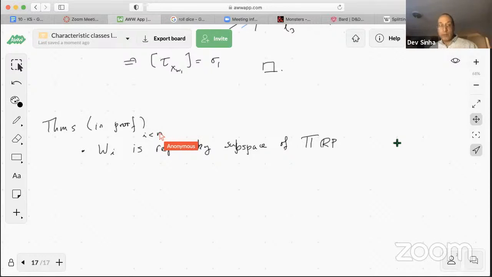The Euler class is always going to be special, but W_i is represented by that subspace of RP. Let me just call it K for the right K, so that the L_i have rank, let's see, so W3 was rank 1. Well, let me say rank n minus i.